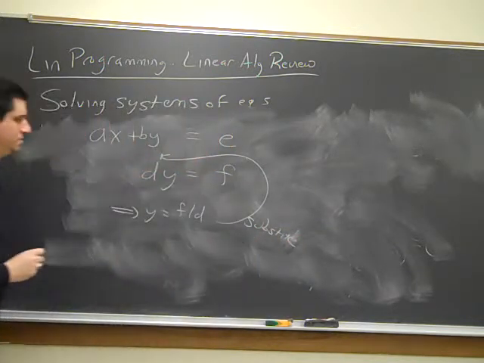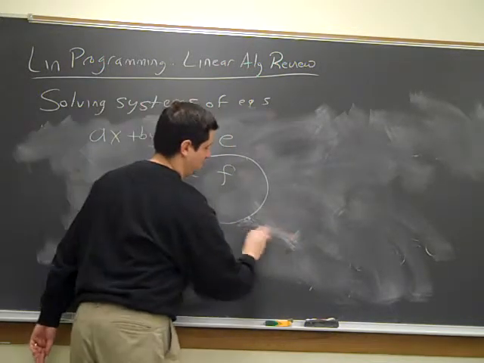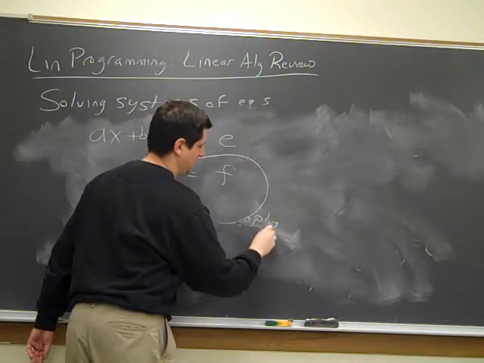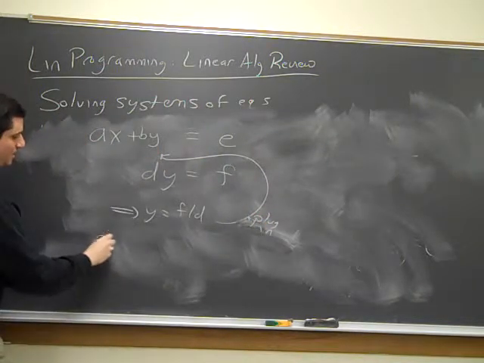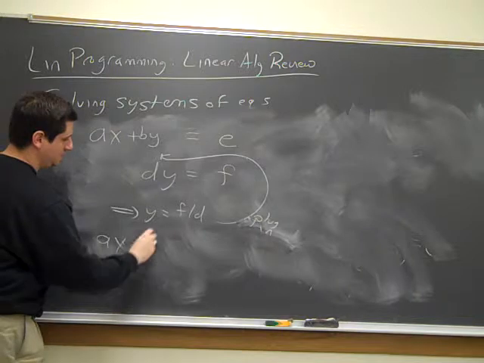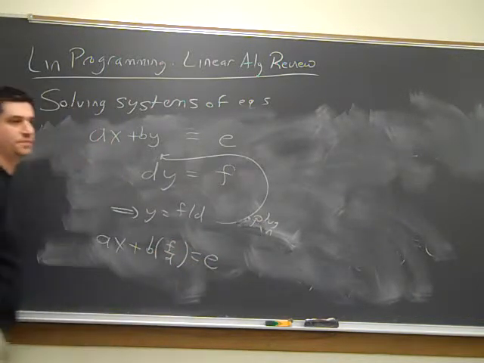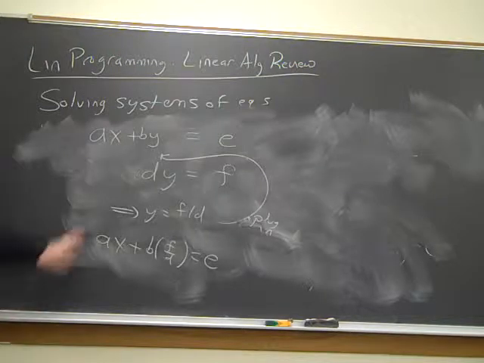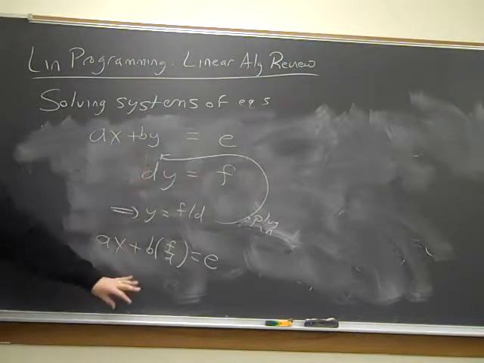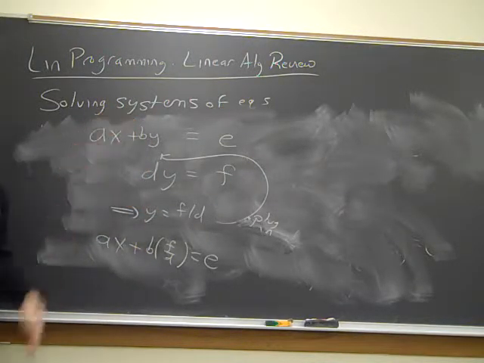Plug it in. There we go. And so we get ax plus b times f over d equals e. So the idea is if I have something like this, I can easily solve by going up a level.